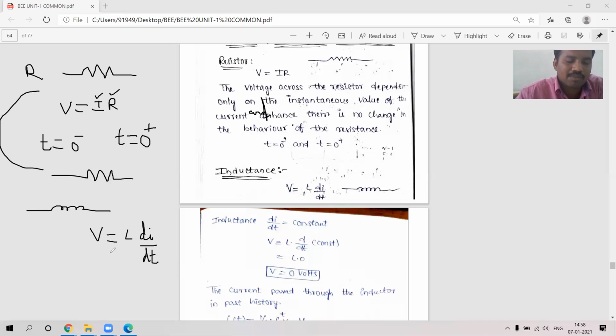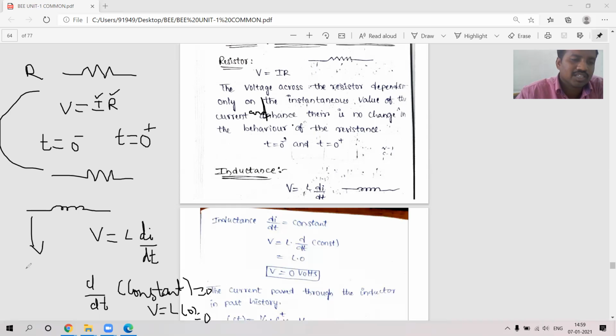If I pass a DC current, the DC is constant in magnitude, so the derivative of a constant is 0. We will have V is equal to L into 0. So what is the voltage? 0 volts.